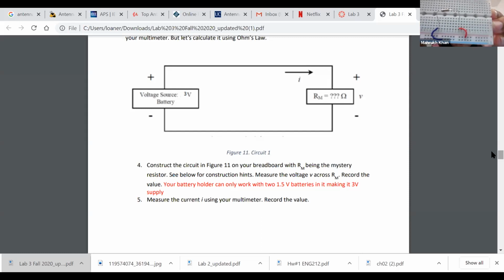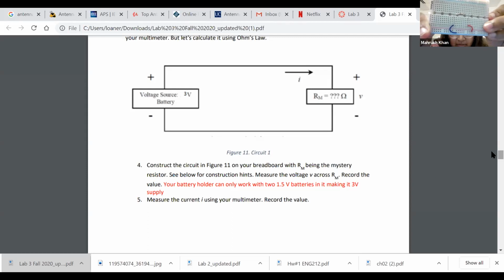Smile, am I clear? Yeah. Tyler. Yes, you can show. You can just show the circuit. Yes, that's fine. Thank you very much.